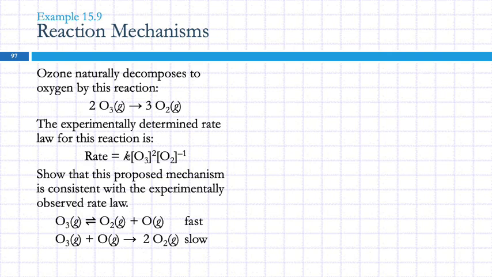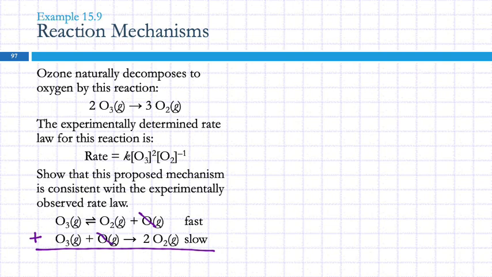So we need to show two things to say that this observed rate law is valid and that the mechanism is valid, right? The first thing is that the steps in the mechanism have to add up to the overall reaction. And that's the easiest part, so let's check that first. We'll take these two steps and add them together. So here's an oxygen atom and an oxygen atom.